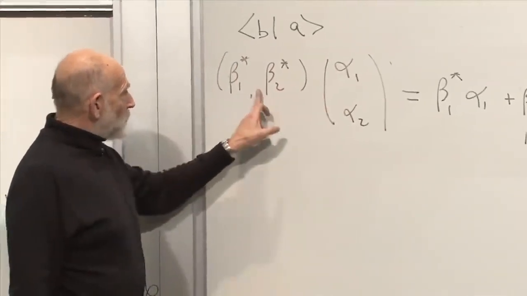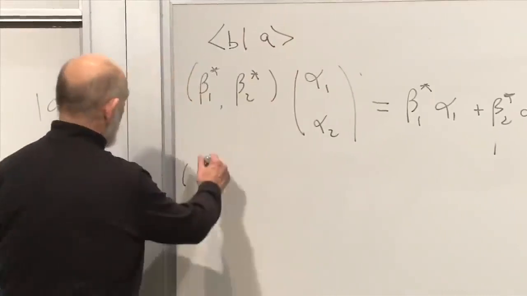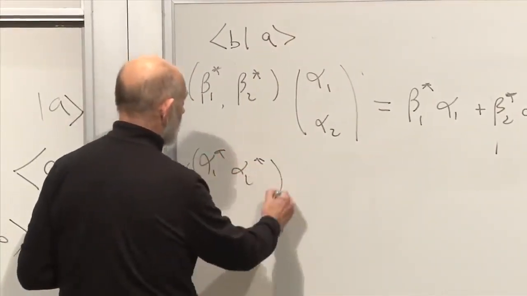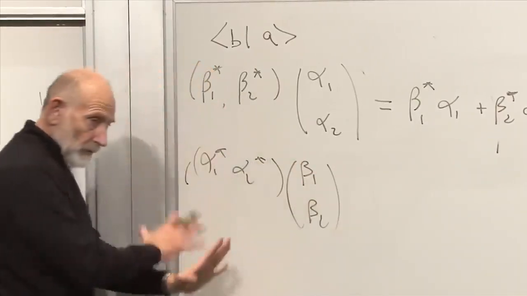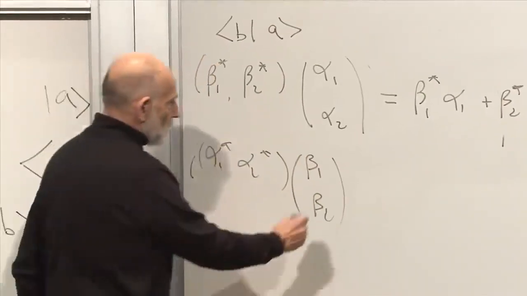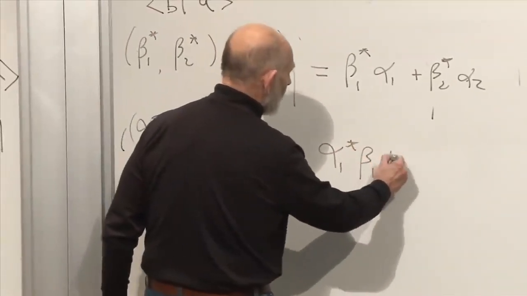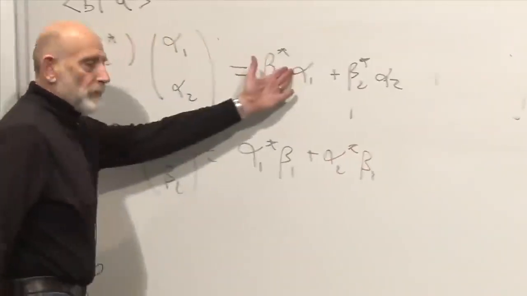What happens if you interchange alpha and beta, or A and B? Then this becomes alpha 1 star, alpha 2 star times beta 1, beta 2, if I interchange them, and that's equal to alpha 1 star beta 1 plus alpha 2 star beta 2, and that's just the complex conjugate of this.